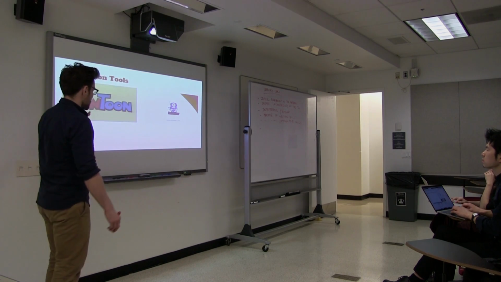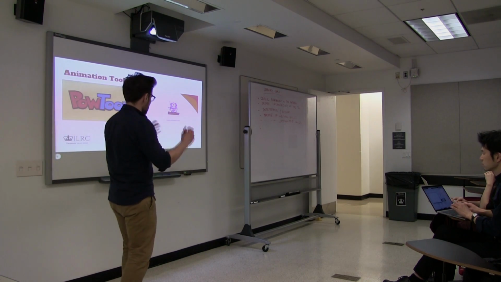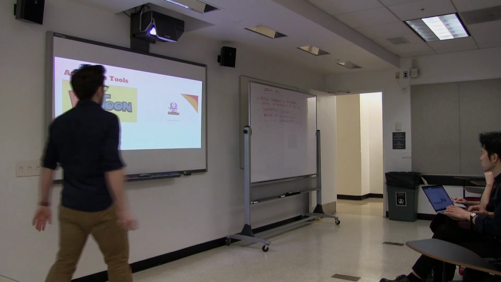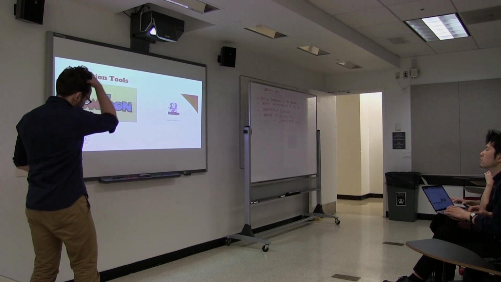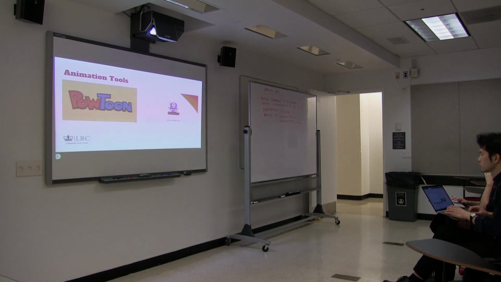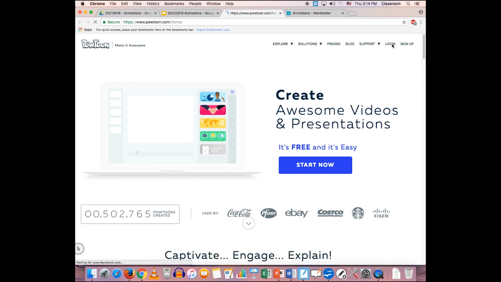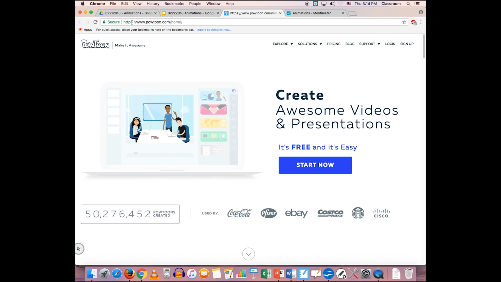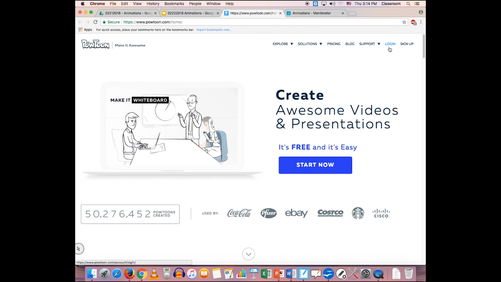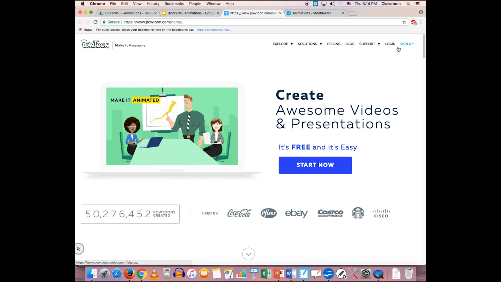The differences are literally in the layout of the designer, the editor. But that's kind of it. So I'm gonna show you how to use Powtoon. Okay. And obviously the URL is powtoon.com.